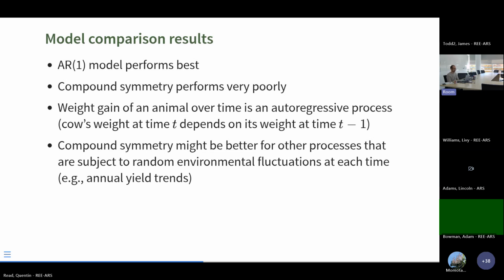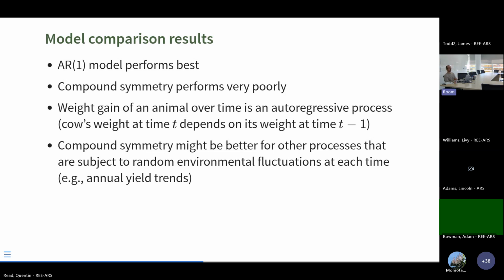And the reason that AR1 may perform best is that the weight gain of an animal over time is like an autoregressive process, meaning the weight at time t depends on the weight at the last time. So it makes a lot of sense that the AR1 model would do best, because we know from our knowledge of biology that it's an appropriate model, not just because of how well it does on the data.